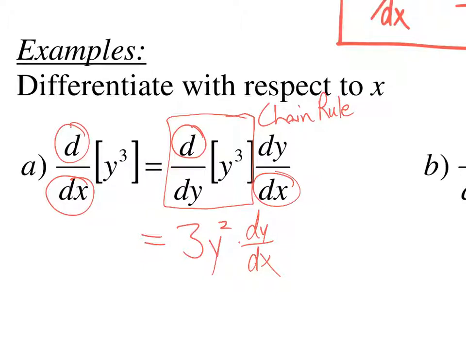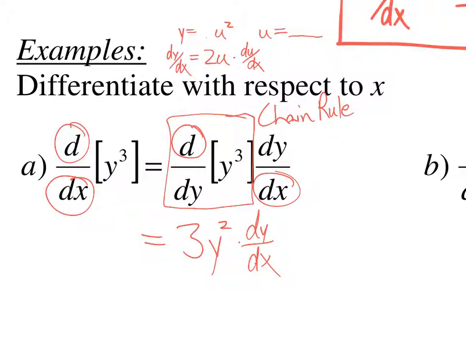If you remember, when we did y equals, not 2u because that's too simple, u squared, then when we did dy dx, we did 2u times whatever du dx was.